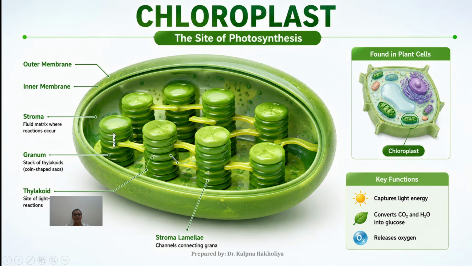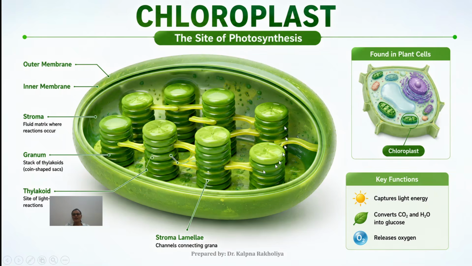It contains the granum. These coin-shaped sacs are present. This is the granum, the thylakoid. This is the coin. These are called the site of the light dependent reaction. The whole stack is known as a thylakoid granum, and between these structures there is a stroma lamella, a channel connecting the grana.